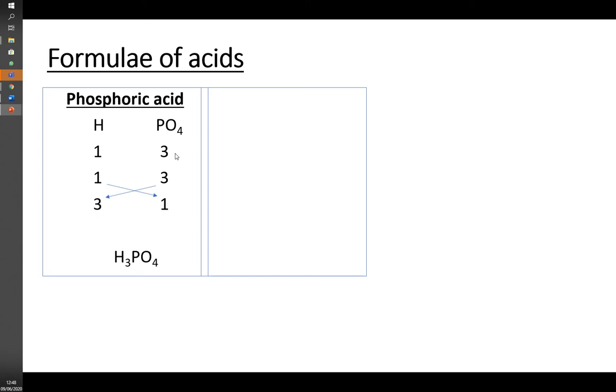And the odd one out really is ethanoic acid. In all of the other acids we've seen so far, the hydrogen has always come first in the formula. The ethanoic acid is a little bit different. That's actually got the ethanoate group ion in it. And we're going to write that down first, and I'll show you why in a second. But the ethanoate ion is CH3COO, and that has a charge of 1 minus. So it's got a valency of 1.